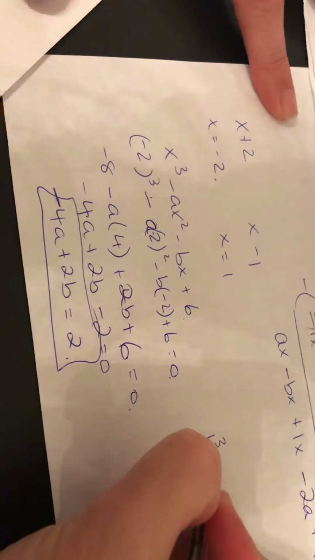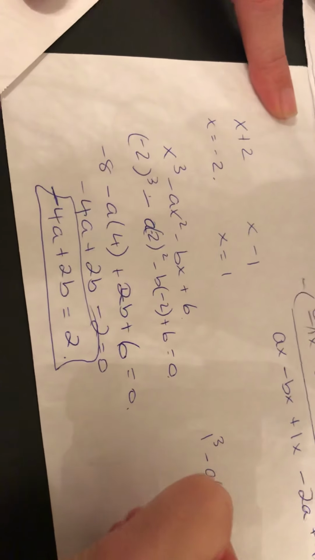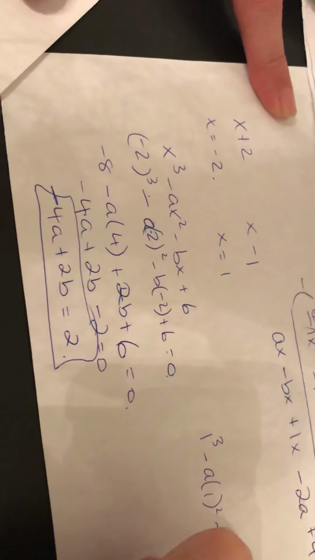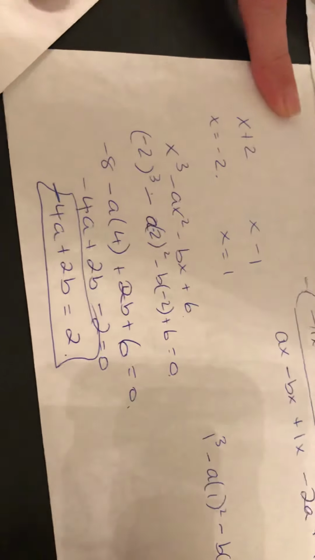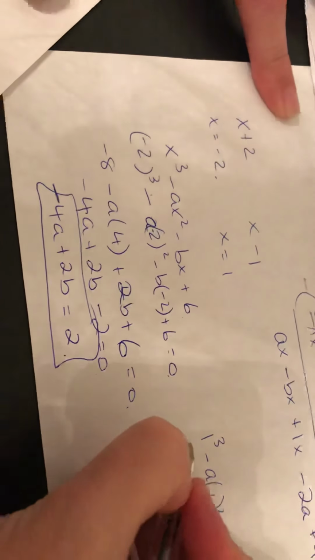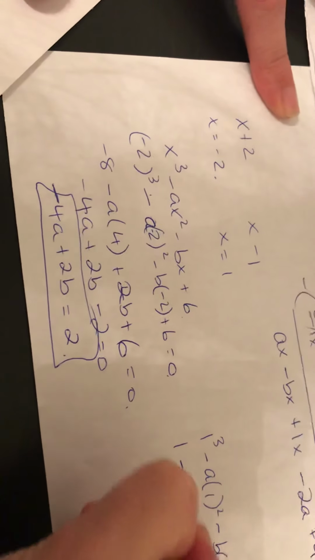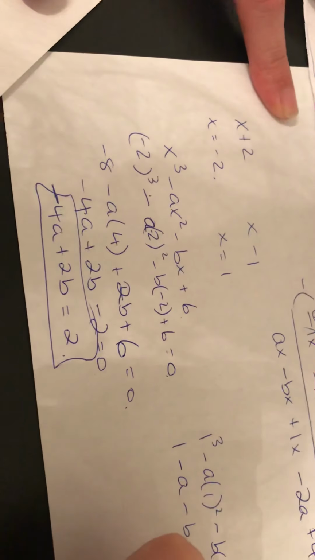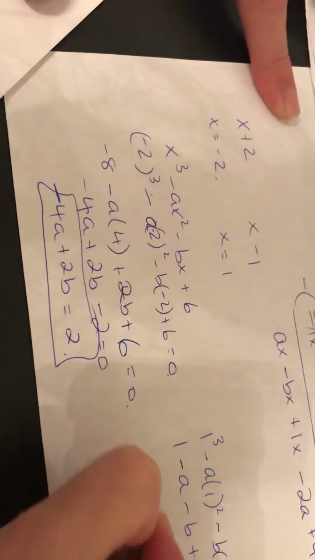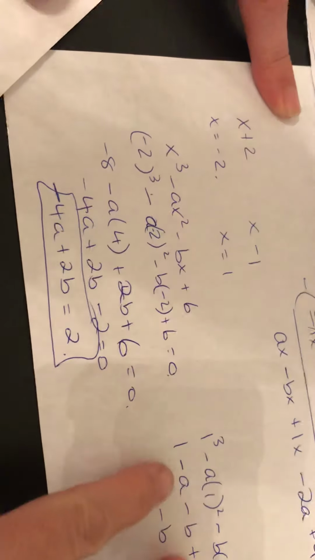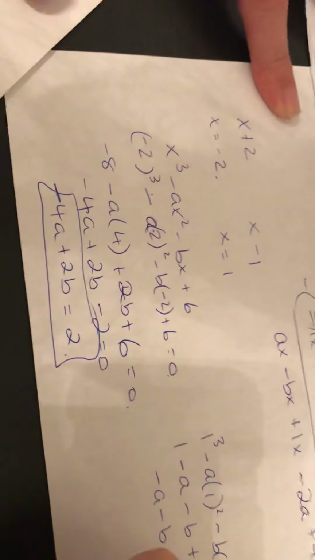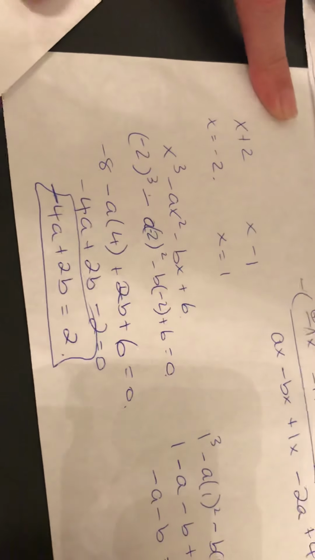1 cubed minus a times 1 squared minus b times 1 plus 6 equals 0. So I end up at 1 minus a minus b plus 6 equals 0. So that's minus a minus b, and that's 7. So it goes over and becomes a plus b equals 7.